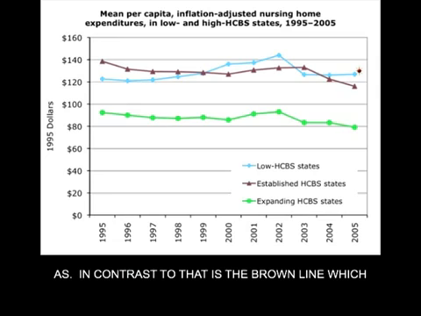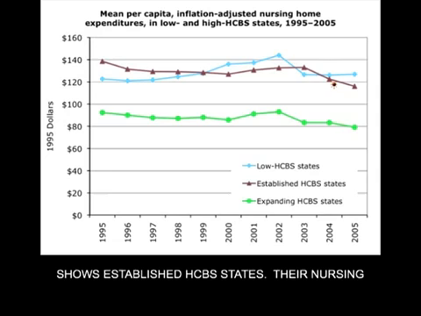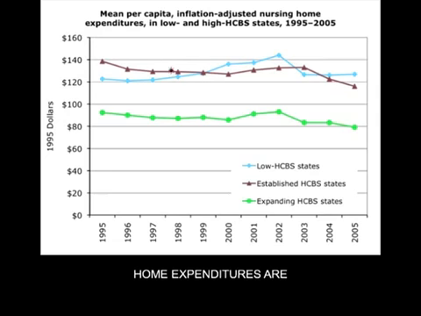Okay? In contrast to that, and actually rather sharp contrast, is the brown line, which shows established HCBS states. Their nursing home expenditures started going down very early in the program. They flattened out, and they started going down again. So their 2005 expenditures are actually quite a bit less than their 1995 expenditures.